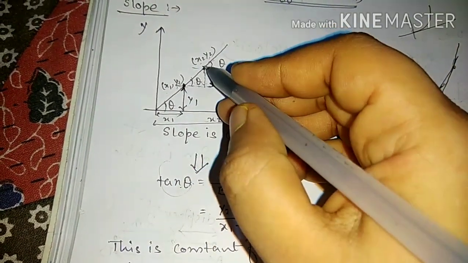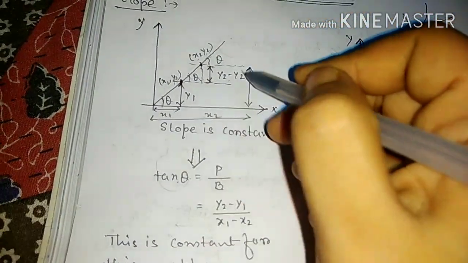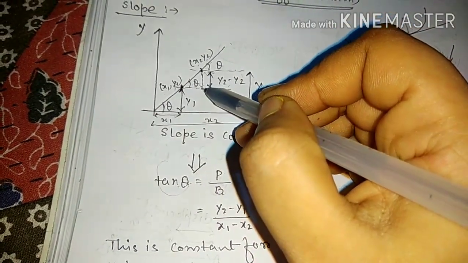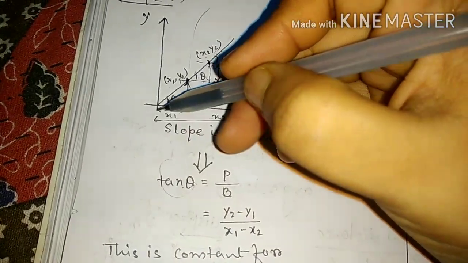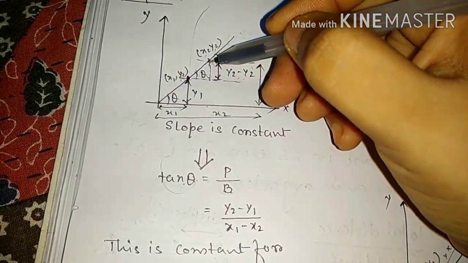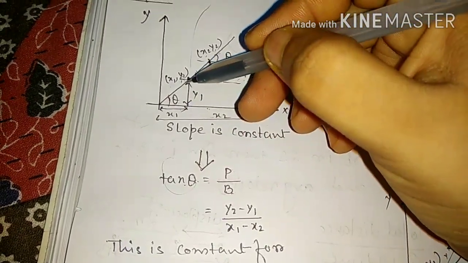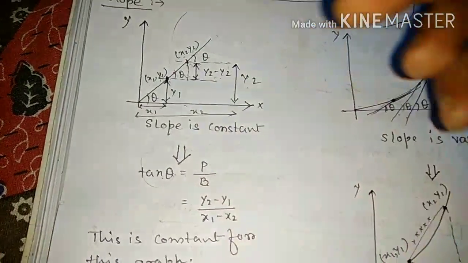This is the second point, so this total value is y2, and this value is y1. So the value of the perpendicular is y2 minus y1, because the second point is x2, y2 and the first point coordinate is x1, y1.